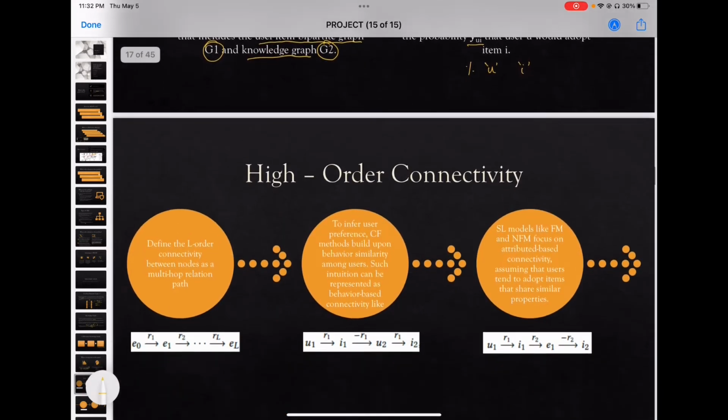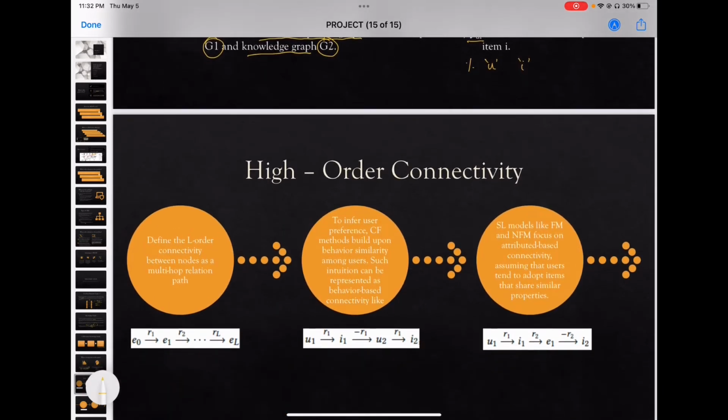The next thing we look at is what is higher order connectivity. Now, we have already discussed that exploiting higher order connectivity is of importance to perform high quality recommendation.